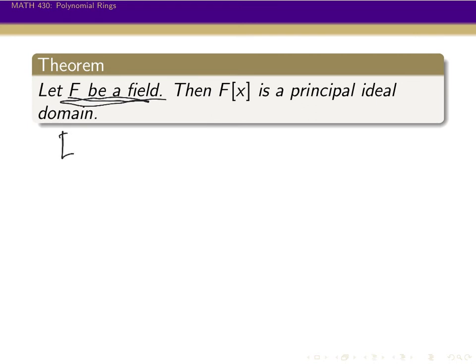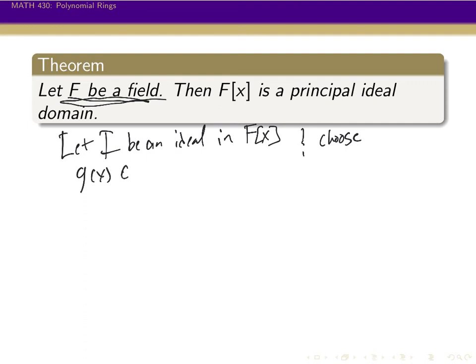Okay, so let's let I be an ideal in F[x], and let's choose g(x) in this ideal to be non-zero with minimal degree.